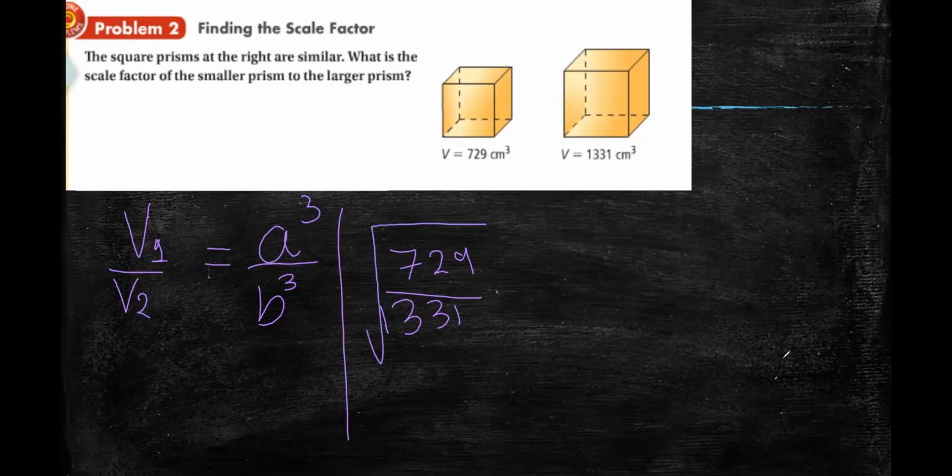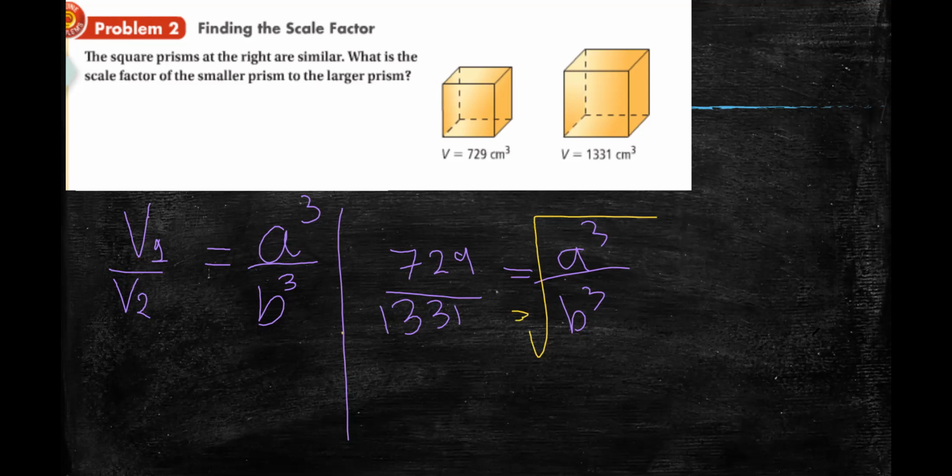Let's take now the cubic root of it. Before this step, we said that this is a cubed over b cubed, but this is the cube of the scale factor. But I need the scale factor. So what I have to do is take the cubic root here and the cubic root here.